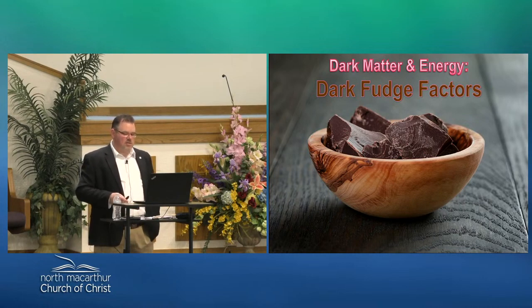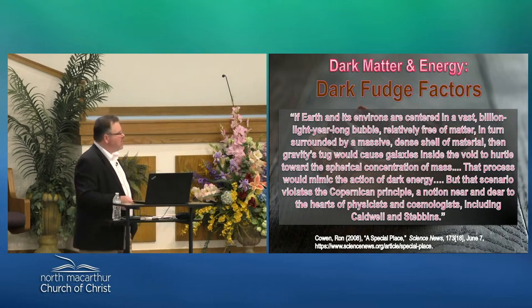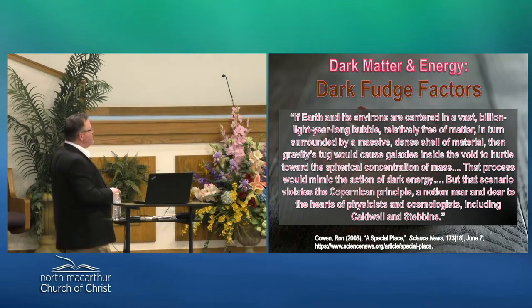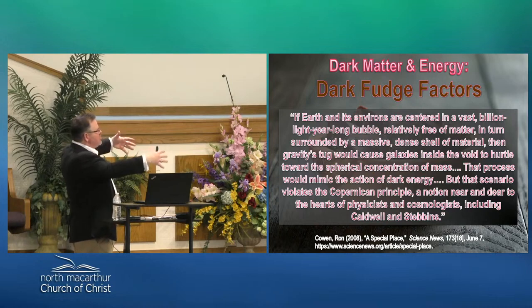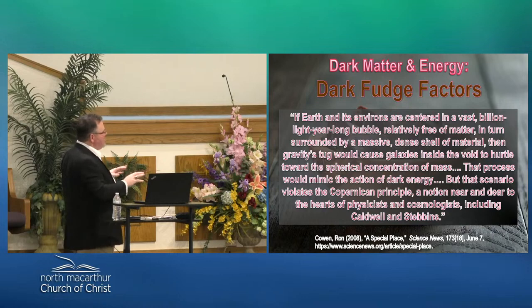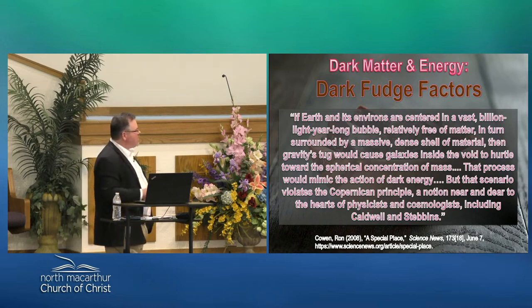Ron Cowan of Science News discussed the work of theoretical physicist and cosmologist Robert Caldwell of Dartmouth University and theoretical astrophysicist Albert Stebbins of the Fermi National Accelerator Lab in Illinois, explaining that if Earth and its environs are centered in a vast billion light year long bubble, relatively free of matter, in turn surrounded by a massive dense shell of material, then gravity's tug would cause galaxies inside the void to hurtle toward the spherical concentration of mass. That process would mimic the action of dark energy.